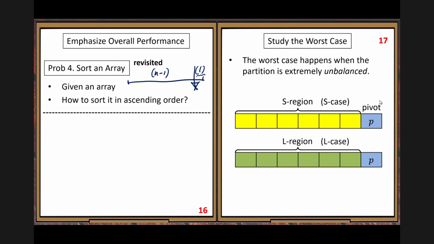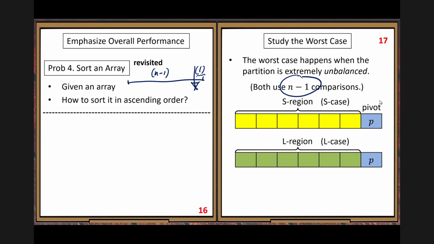Worst case efficiency. Here, we need to do n-1 comparisons. This kind of partition needs n-1 comparisons, but after this partition, you only reduce the size by 1.